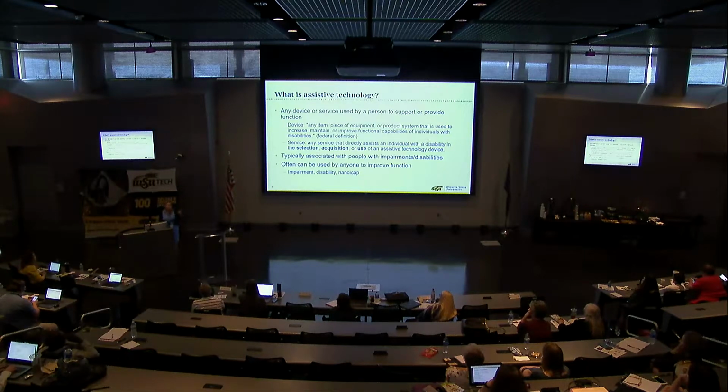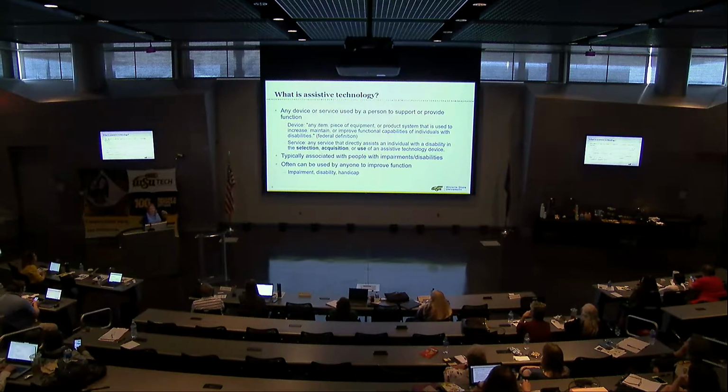I want to get the strict definition and make sure we understand that, and recognize then that we're going to talk about it a little bit softer, a little bit more broadly. So assistive technologies are divided into devices and services. Devices are, as I have in a quotation on my slide, any item, piece of equipment, or product system that is used to increase, maintain, or improve functional capabilities of individuals with disabilities.